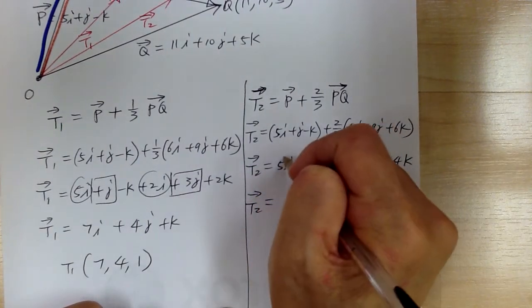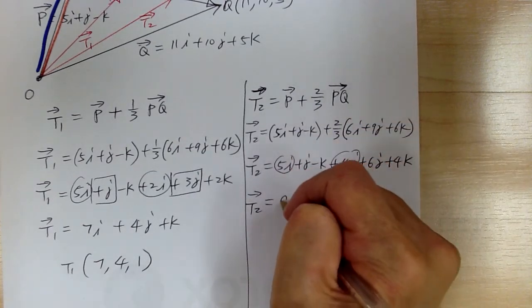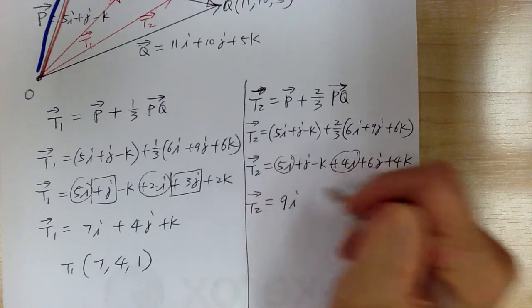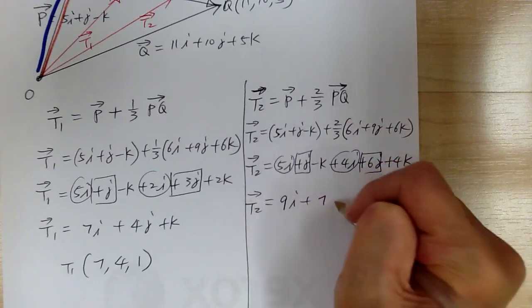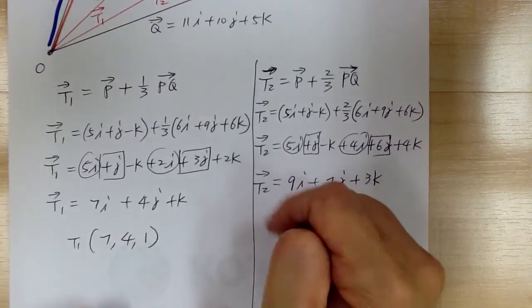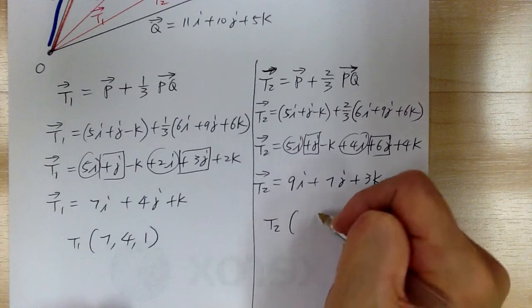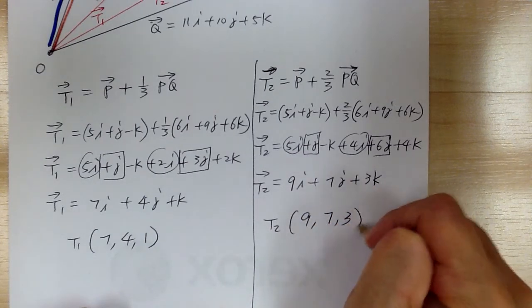So T2 vector equal to, you can combine the like terms, so you're going to get 9i plus 7j plus 3k. So your T2 point would be at 9, 7, 3.